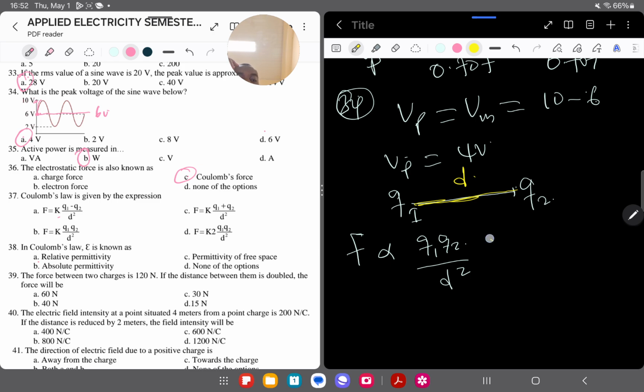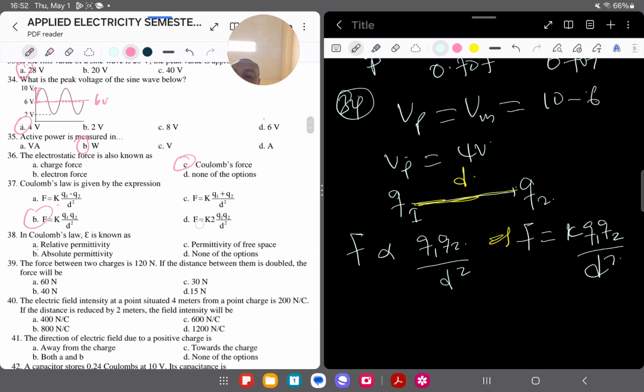So we get this formula. This implies the force, you bring the constant K here to be Q1 Q2 over d squared. So when we check here, the answer here will be B, right? B here.